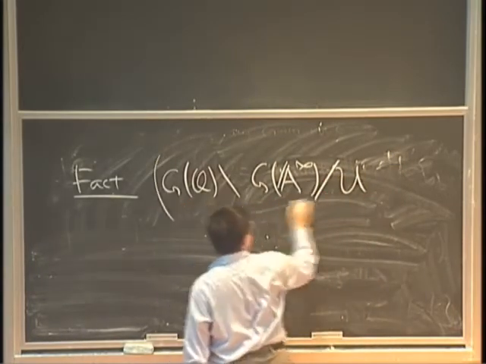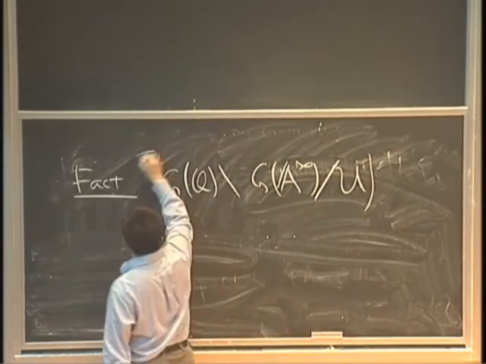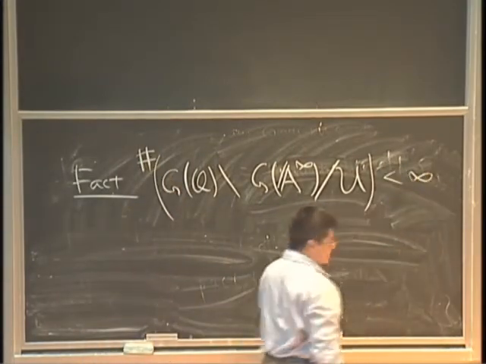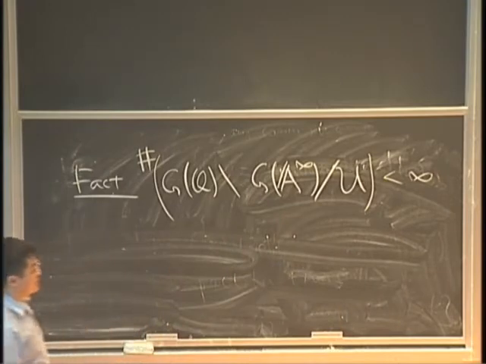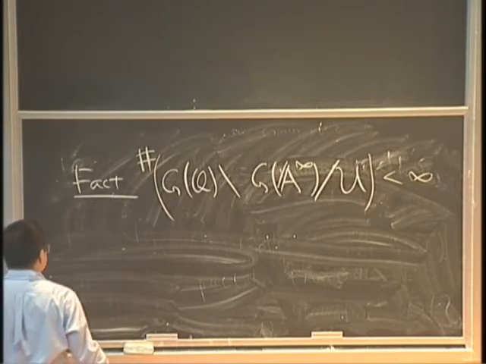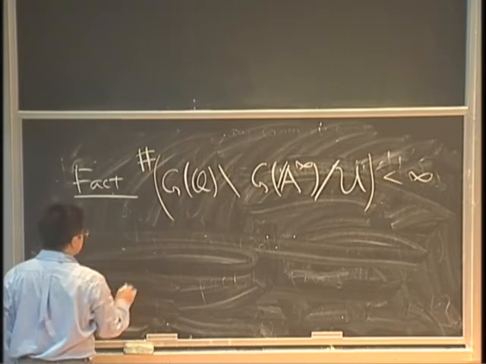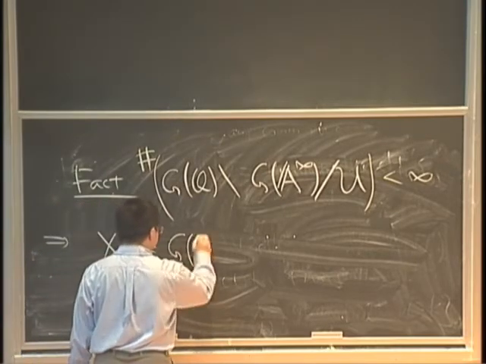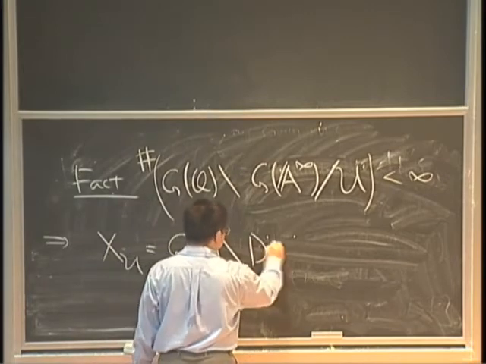This space, as a set, the cardinality is finite. I'm not terribly precise about what I mean, but this is what is true. I learned this from a paper by Borel in the 60s. But what it implies is that you can write this X_U, which is by definition this quotient, like this.